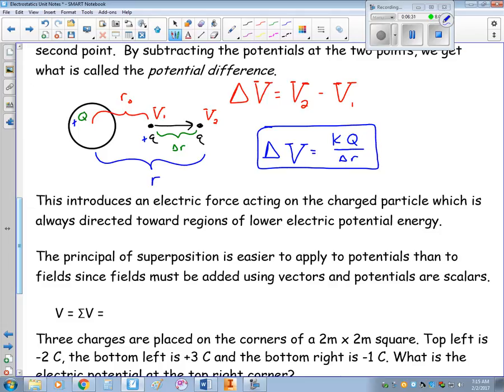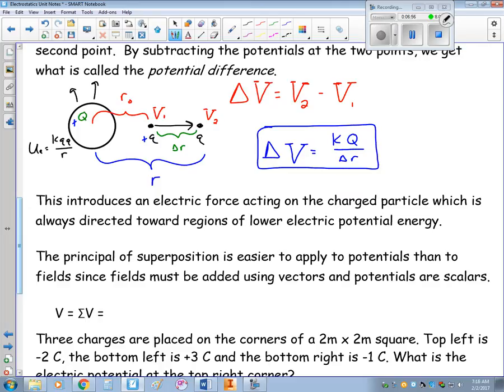So I have two positive charges. If I take a look at the model for electric potential energy, kQq over R, notice that as I get farther and farther away from this charge, the electric potential energy decreases.